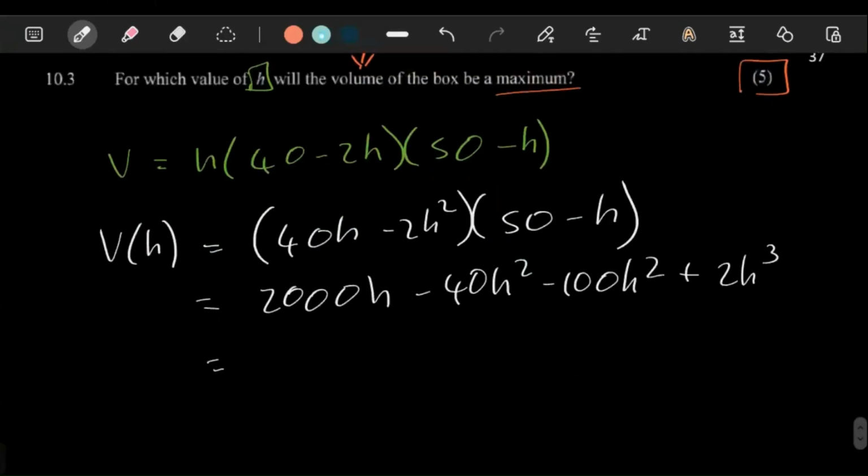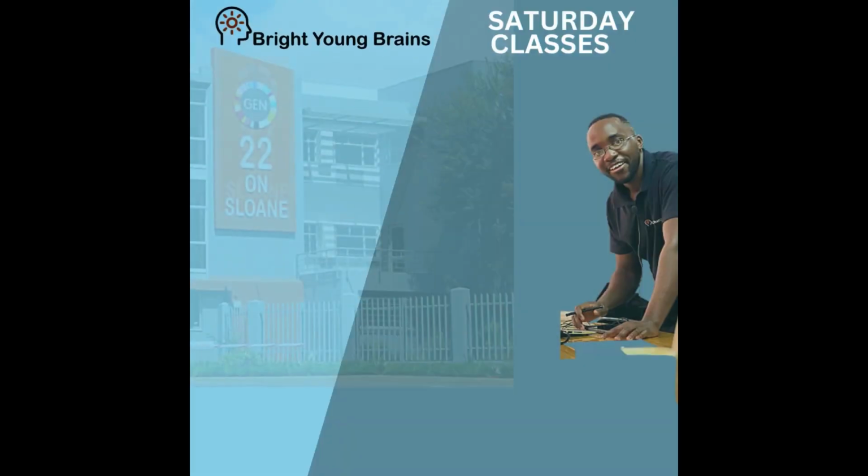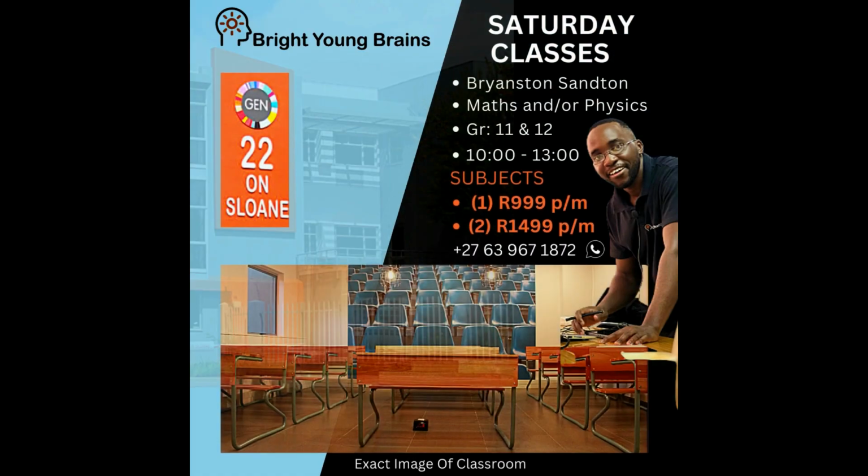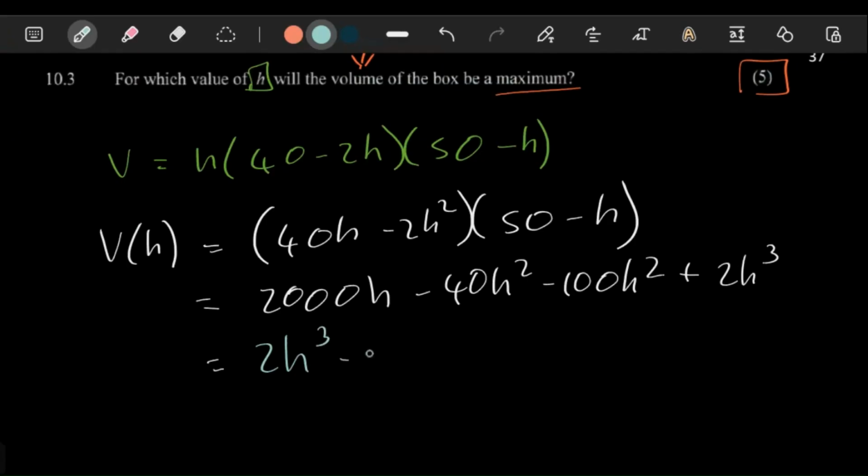So the positive 2H cubed, this is like negative 140H squared, right? And then positive 2000 with H there, V with H. Okay, so I think so far so good.